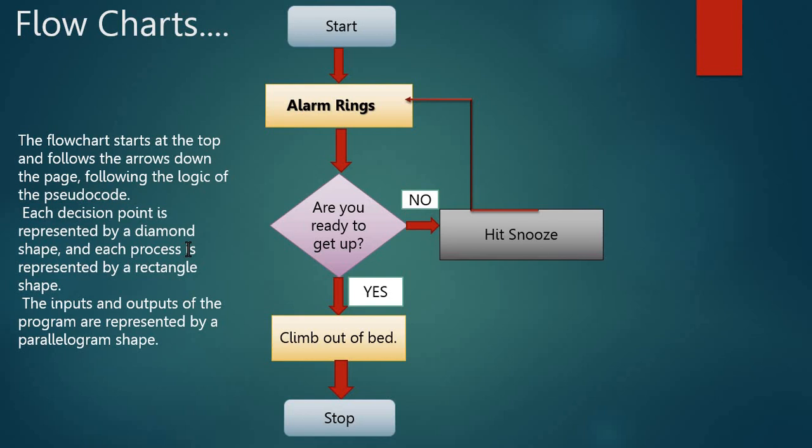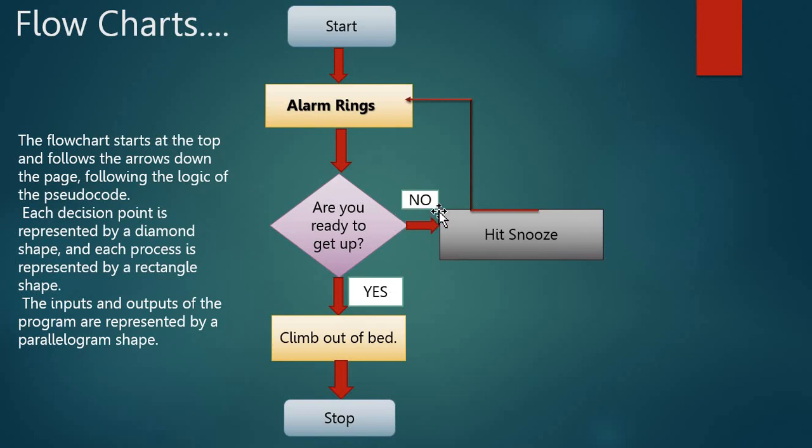Then we write step 1: align hammer with nail, then an arrow, and then step 2 in the next rectangle shape that we draw. Step 2, raise hammer, and then again an arrow, then again a rectangle shape. In that we write step 3, hit nail with hammer, then an arrow, then a decision box, the diamond box. In that we write, is the nail fully in wood?